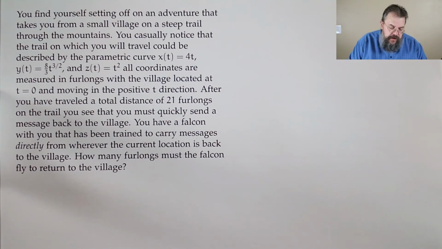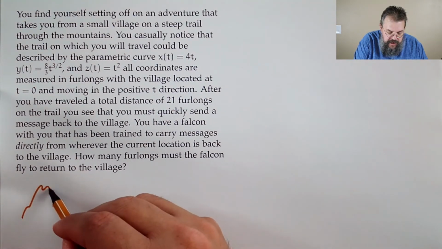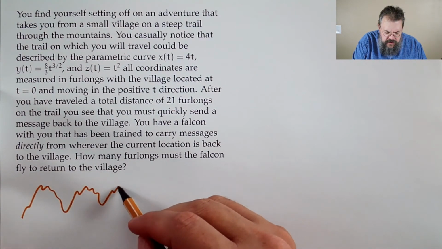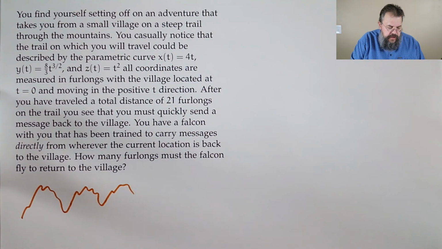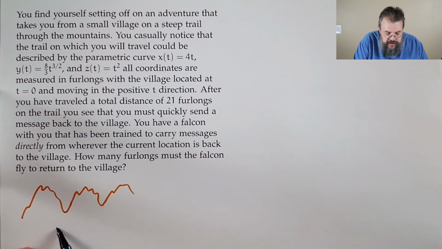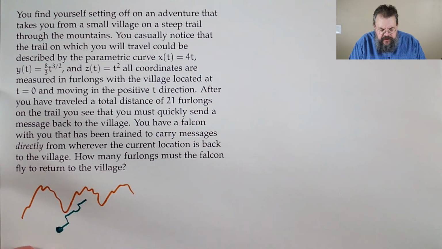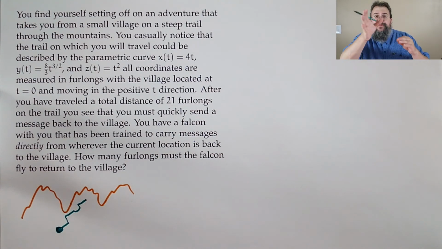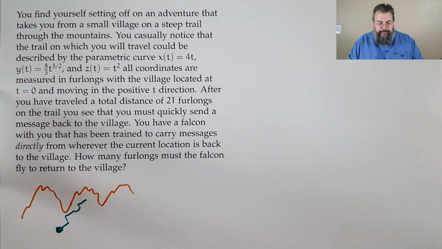Well, there's some sort of mountains here. Who knows? And then down here, we have the village. Okay, so here's our village where we start off, and we're going to be going through the mountains. So we're moving up through the mountains following this path.